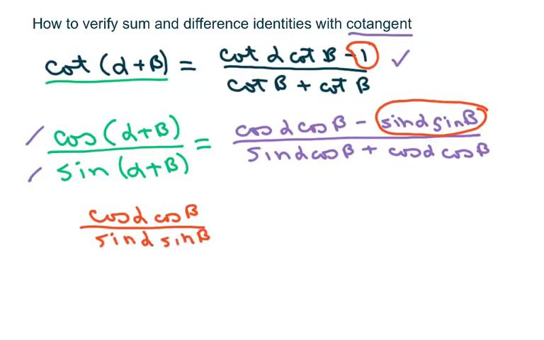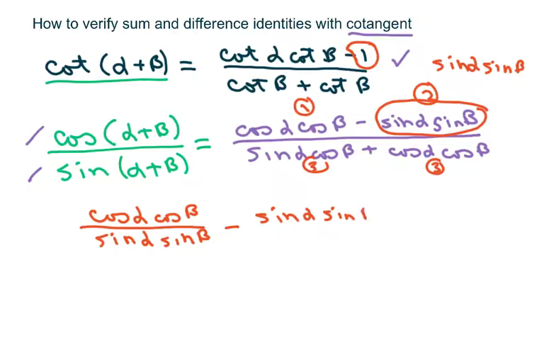So I'm dividing by sine of alpha, sine of beta. And I have 4 pieces I'm going to do that to. I'm going to do it here, here, here, and here. Okay, so then we have minus sine of alpha, sine of beta, divided by itself, sine of alpha, sine of beta. So that's the numerator.